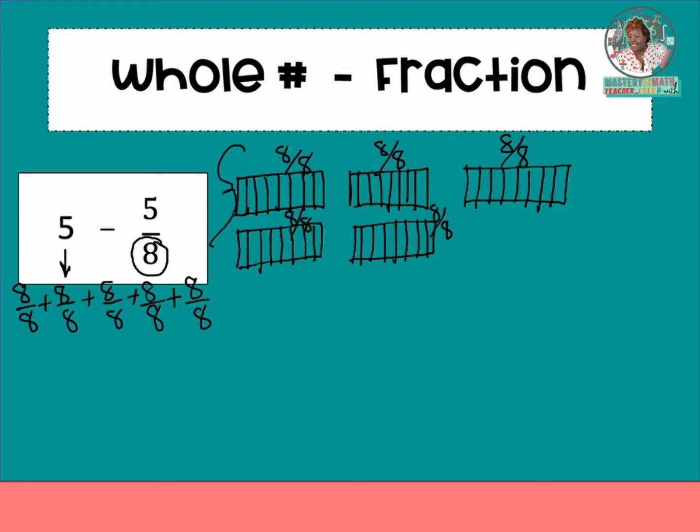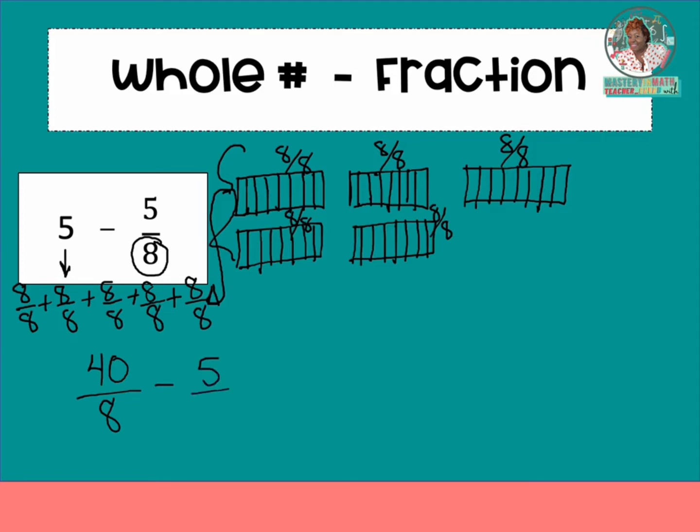This that I have here is the same thing as this down here. And now you can rewrite it, being that you have 8/8 5 times. Your new fraction is 40/8, 40 on the top, which is the numerator, and 8 in your denominator, because you don't change it.